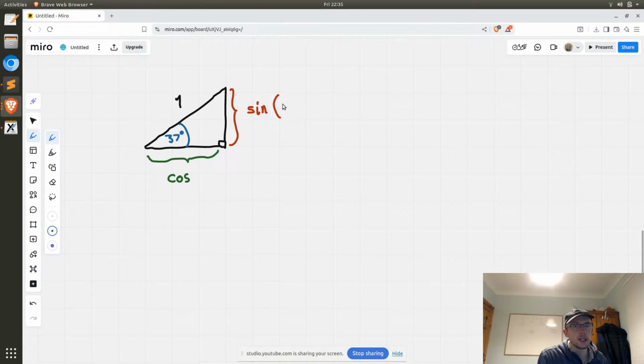If you feed sine 37 degrees, it will tell you the length of the side that is opposite the focus angle of 37 degrees in this unit right angle triangle.